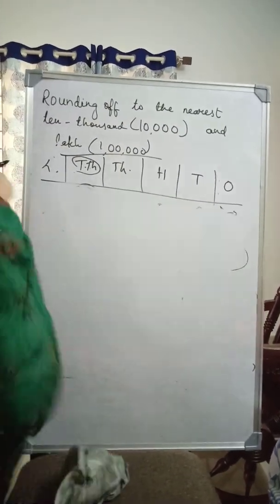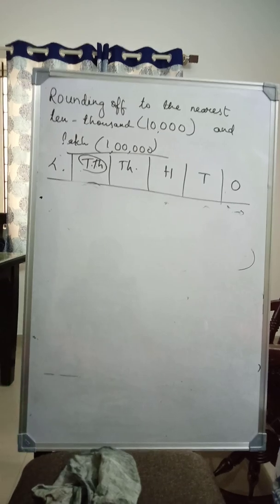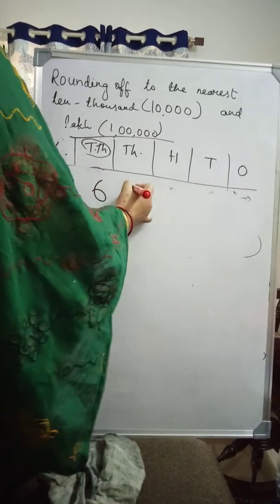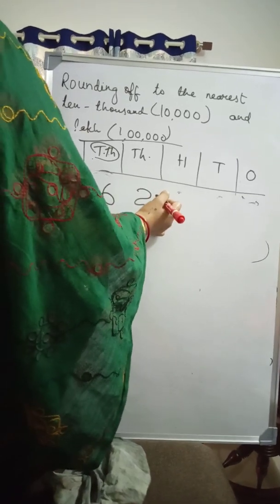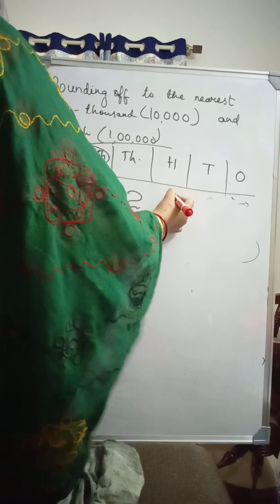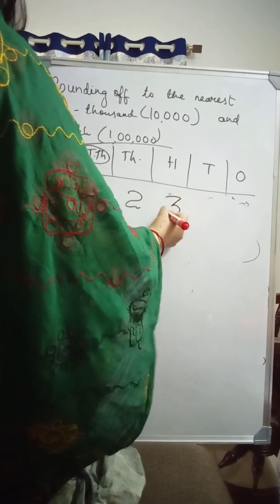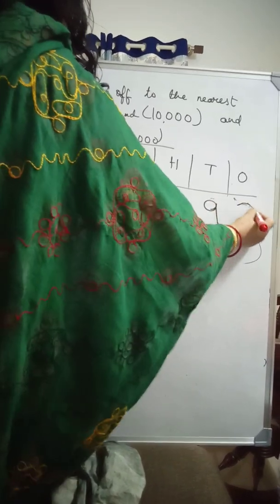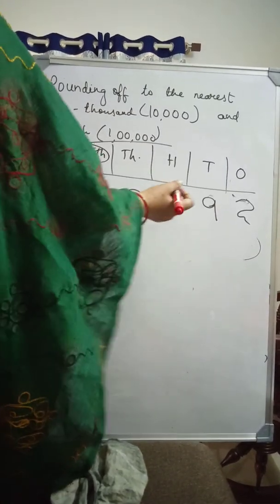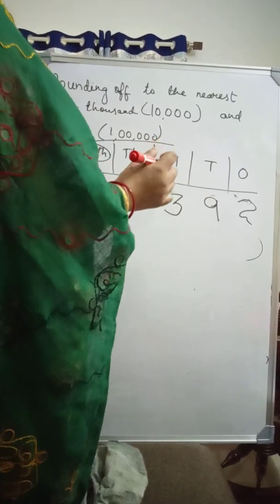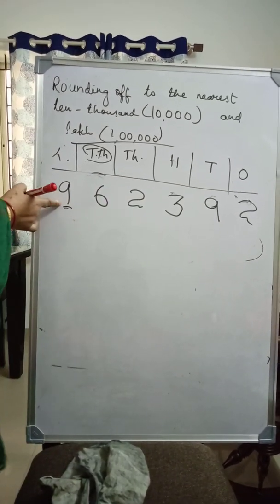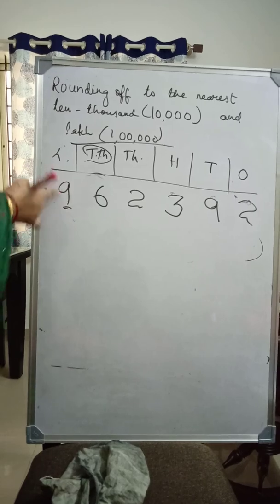So here the example is 9,62,392. You have to round off to the nearest lakh. 9 is at the lakh place.